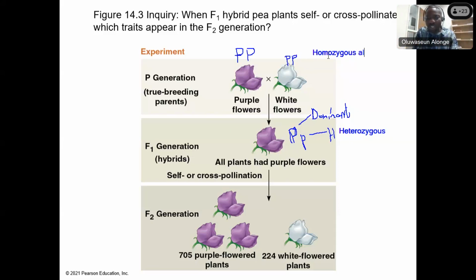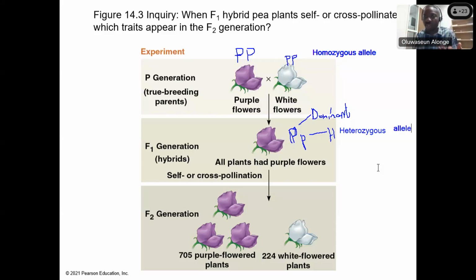So homozygous allele, and this is heterozygous allele because it has different genes. It's like the father gave the gene for eye color that is brown, and the mother gave blue. Now, both of them have different eye color. That's heterozygous. Heterozygous means different.